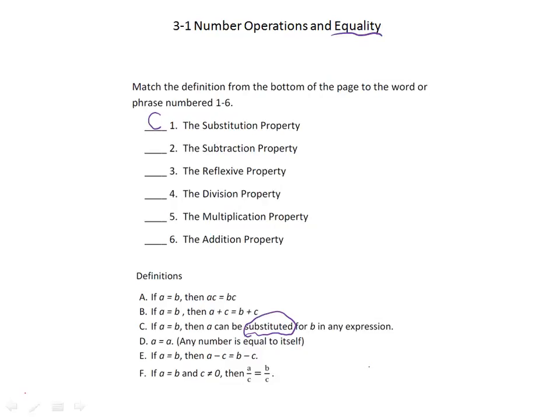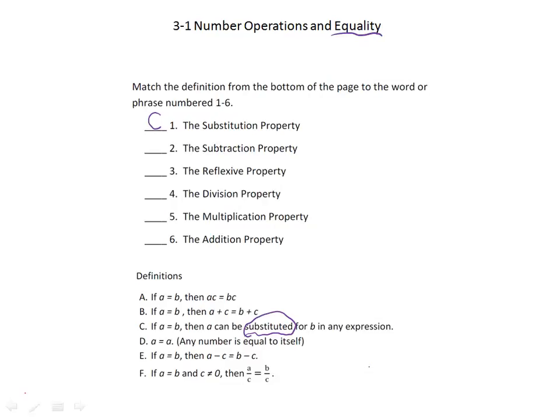Subtraction property of equality. Notice how 4 of these start out with if A equals B, and then they're conditional statements too, aren't they? Right? So then they're doing something to A and B. They're doing the same thing to A and B. So we're looking for the one where they're doing the subtraction for A and B both.